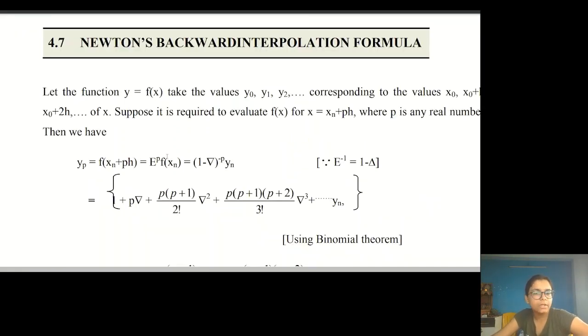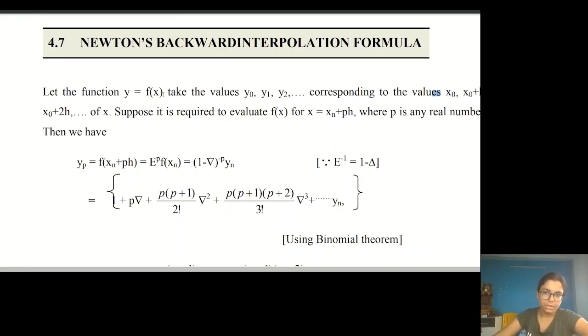Just like in forward interpolation, we have taken a function here y equals f(x), taking values y0, y1, y2 corresponding to the values x0, x0 plus h, x0 plus 2h of x.